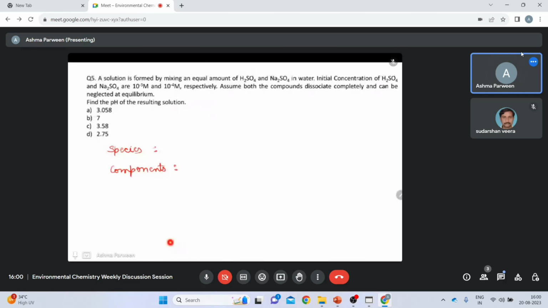I will give you around 2 minutes to write the species. First, write the species in this system. Just write the name of the species in the chat box, or also you can unmute yourself and just say what are the species and components present in our system.